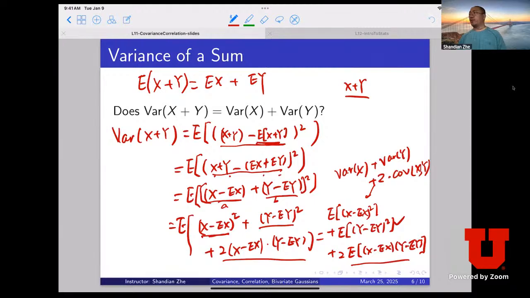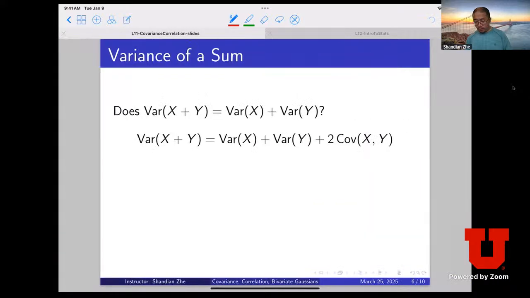Now we get the result. That is, when you calculate the variance of x plus y, you're going to need not only the variance of x and the variance of y, but also 2 times the covariance of x and y.